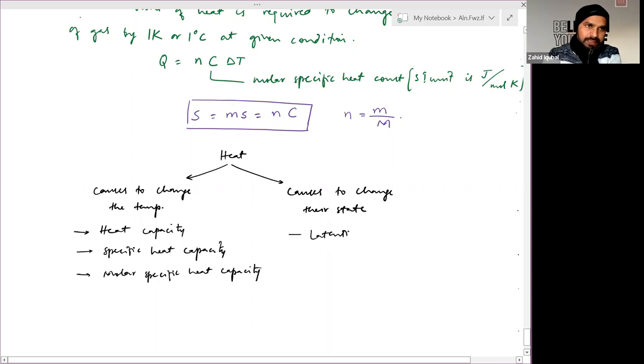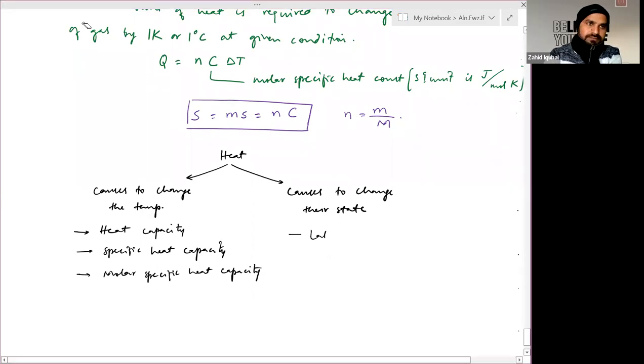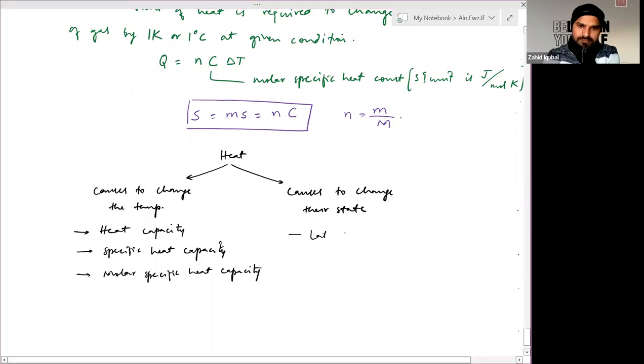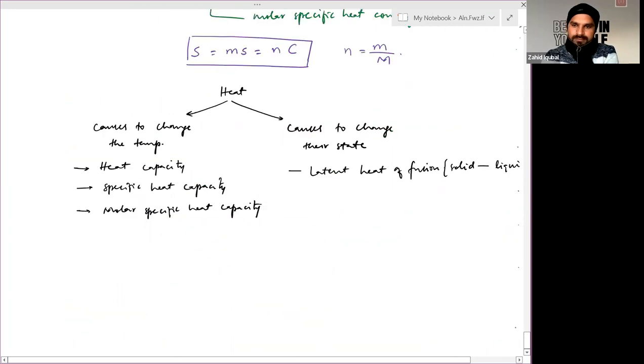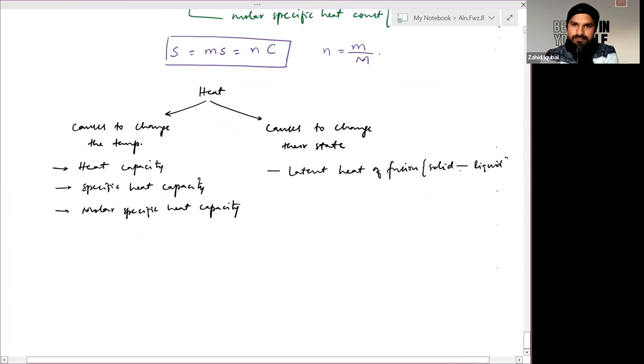So first one will be latent heat of fusion, that is conversion of solid into liquid, in both ways.